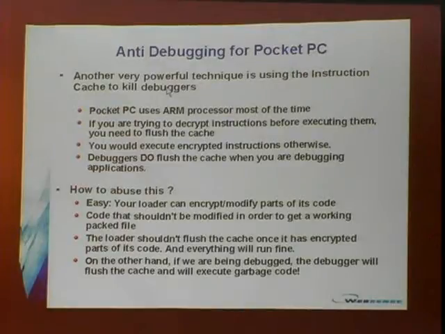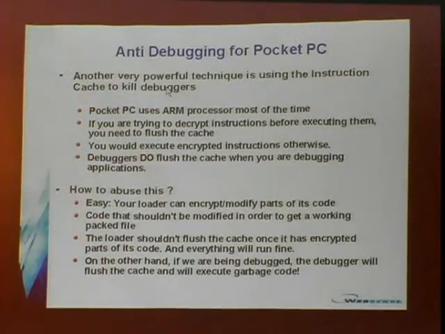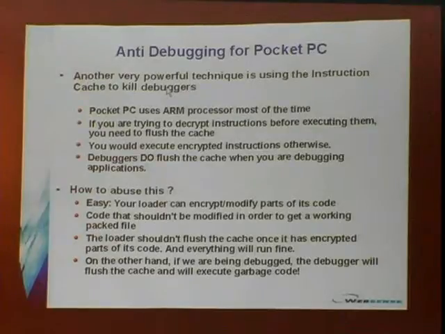But another very powerful technique is using the instruction cache to kill debuggers. Because as I said, Pocket PC uses an ARM processor, and most of the time, if you are trying to decrypt instructions before executing them, you need to flush the cache so you can actually execute this decrypted code. You will execute encrypted code otherwise. But one thing is debuggers will flush the cache for you anytime.